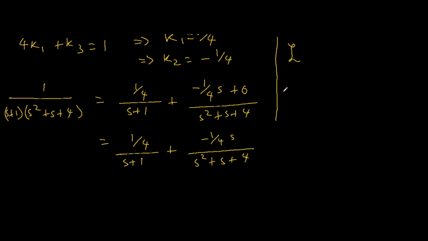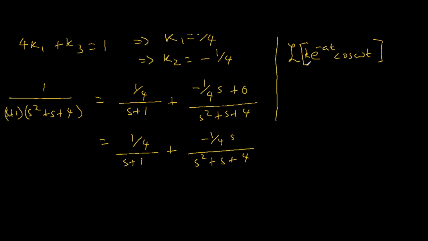Now there's an s in the numerator, s squared in the denominator. This looks like a cosine function. So I would suggest that whenever you have a cosine function, just assume you have a constant, you have an exponential, and then you have the cosine function cos omega t. Even if your constant is 1 and your a turns out to be 0, that is perfectly fine, but always assume this.